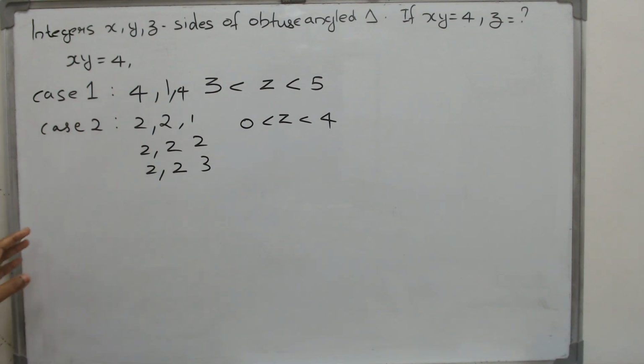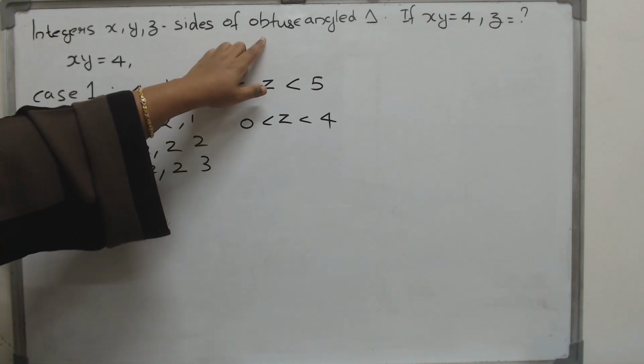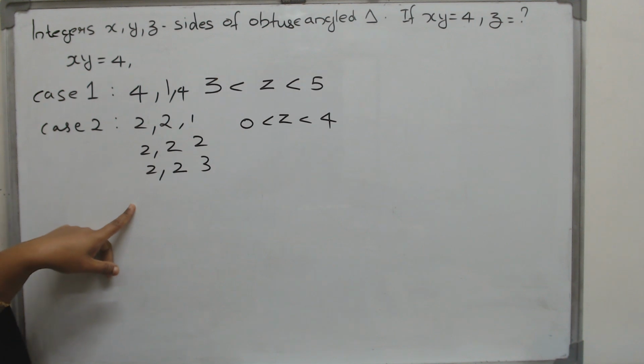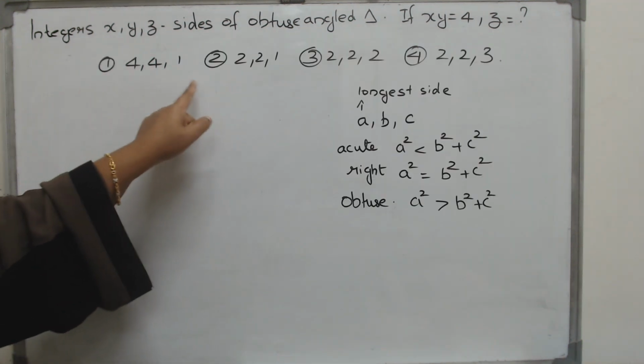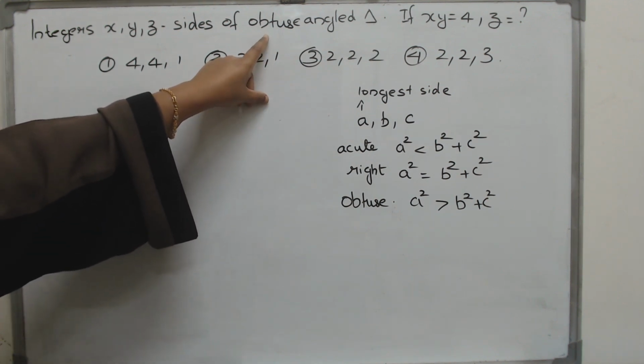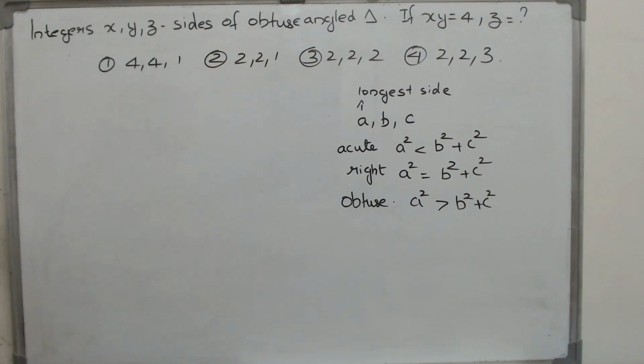But our triangle is not any triangle. It is obtuse angled. So how do we find which one of them is an obtuse angled triangle? Now, how do we find out if the given triangle is obtuse angled?